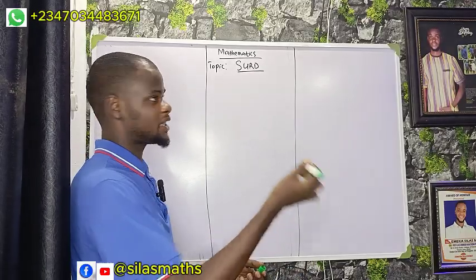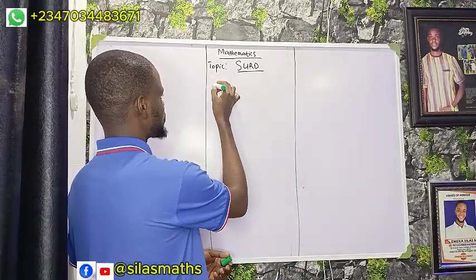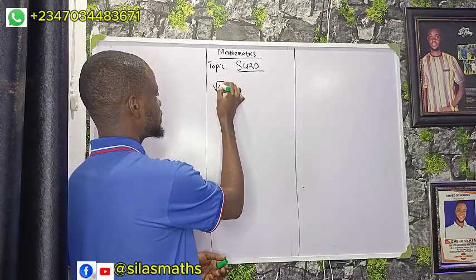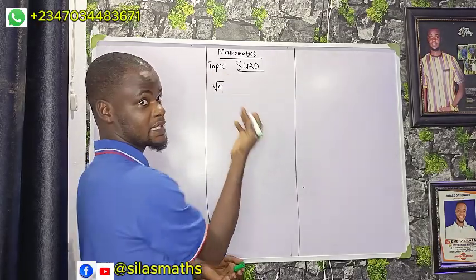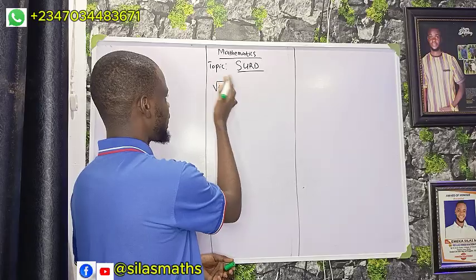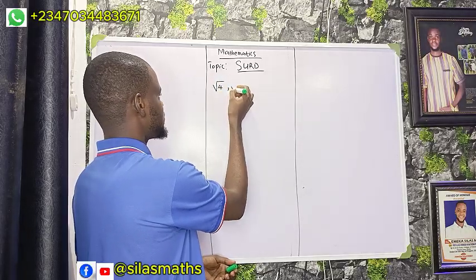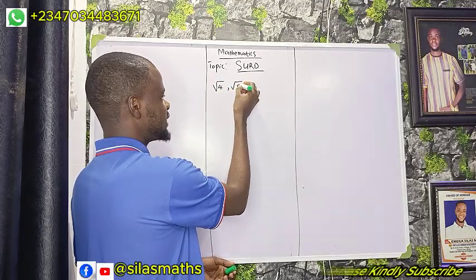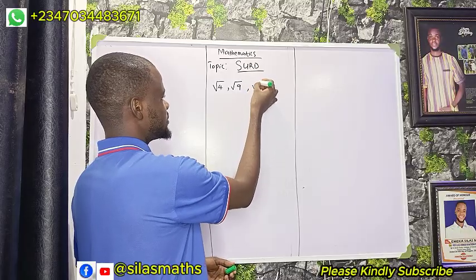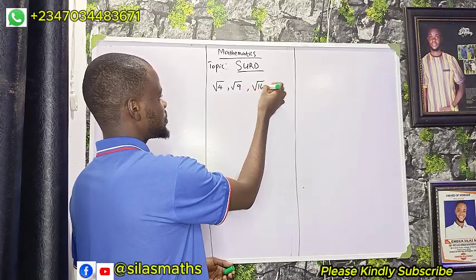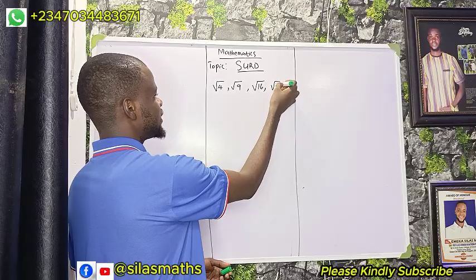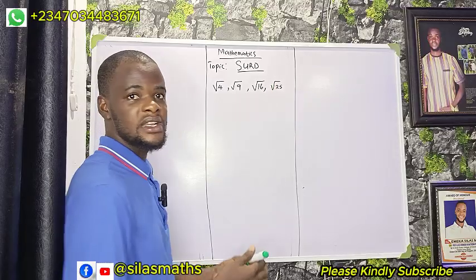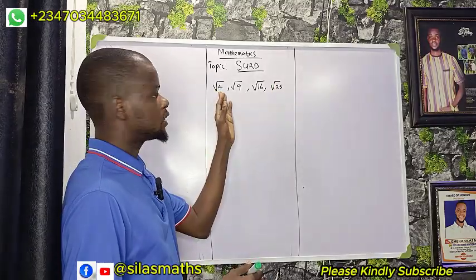We have perfect squares like the square root of 4. Okay, pardon, I think I skipped a number. The square root of 1 before the square root of 4. Then we have the square root of 9, then the square root of 16, square root of 25. So all these are square numbers.